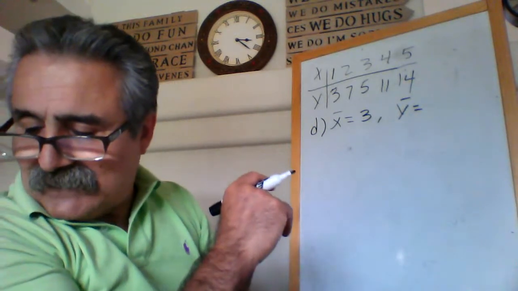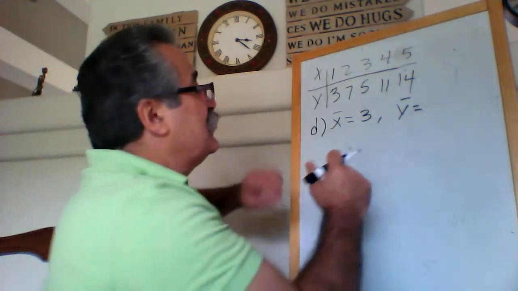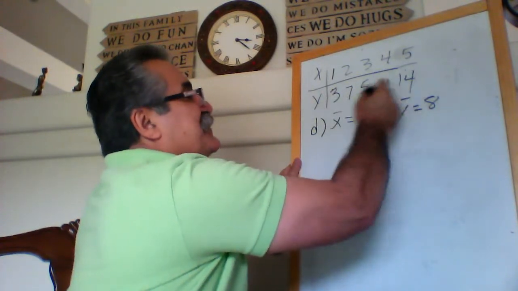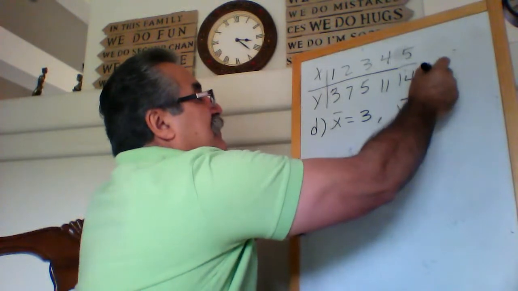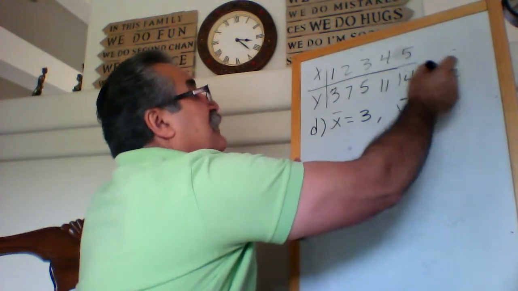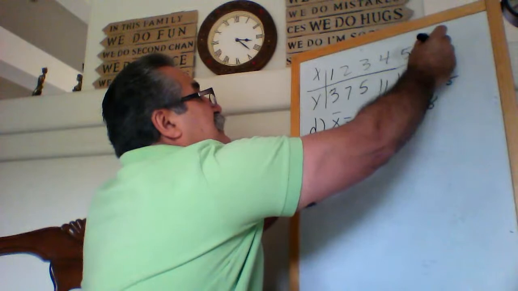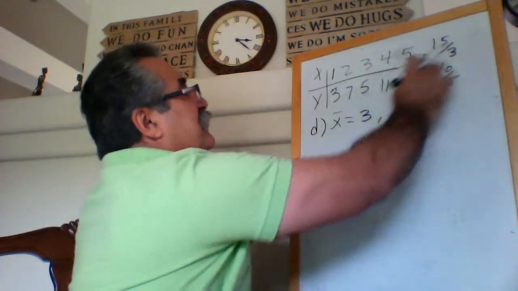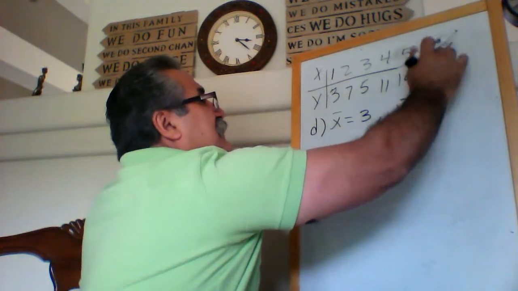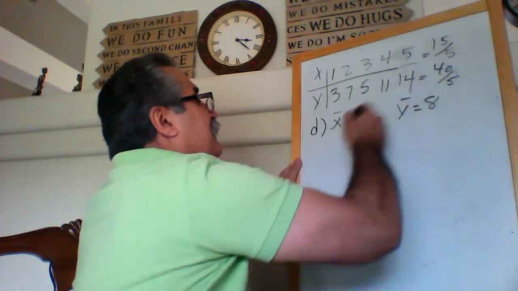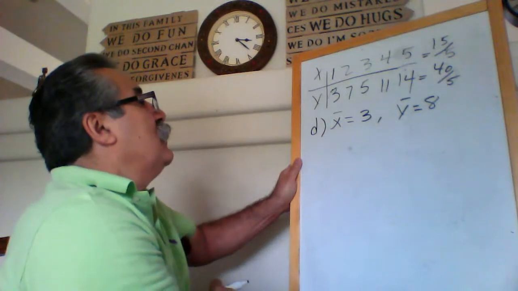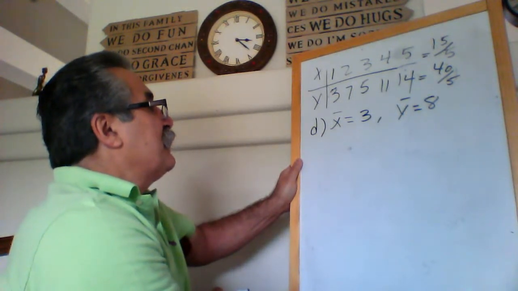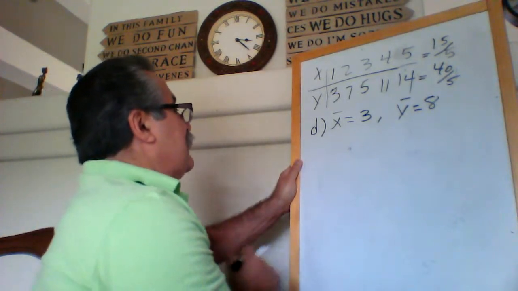Yeah, y bar is equal to 8. So you add these, that's 40 divided by 5, and 15 divided by 5 gives us 3. So those are the two that we need to have.